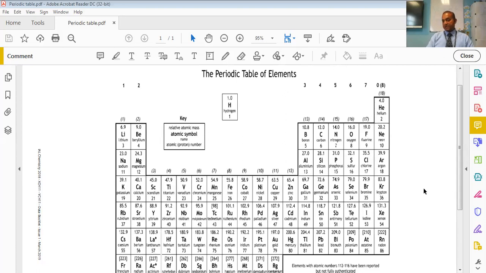You can see magnesium is in group 2. You can see chloride. So you can figure it out already.